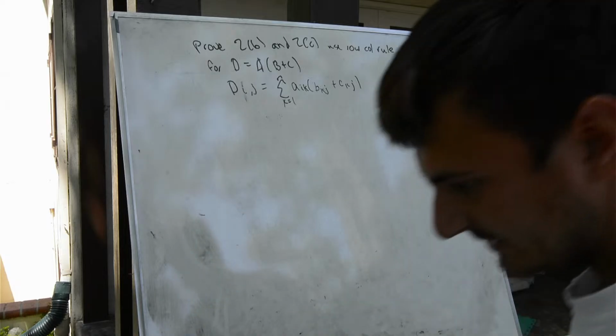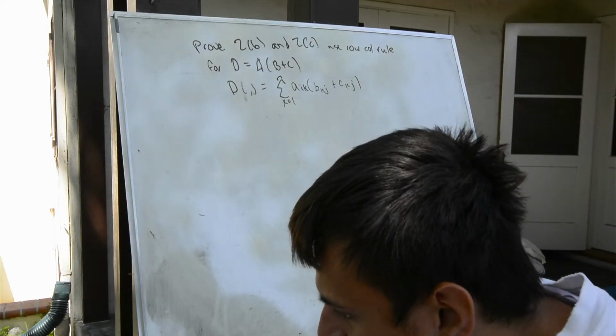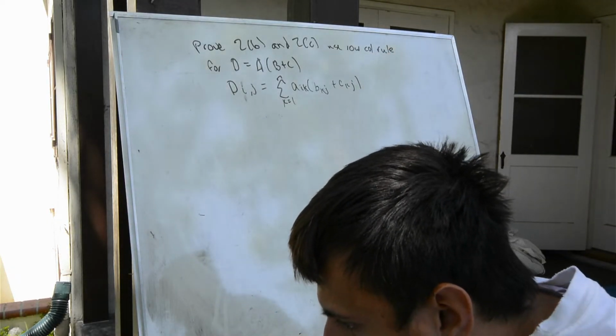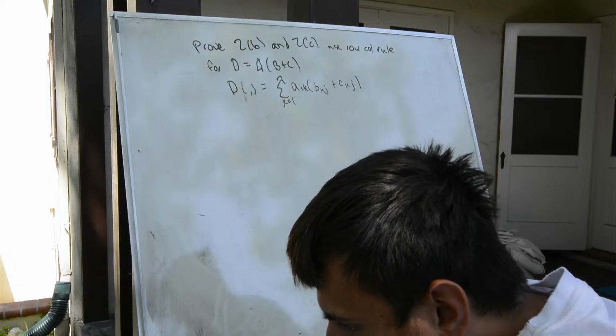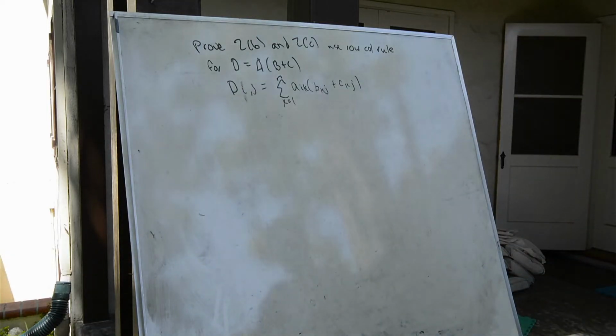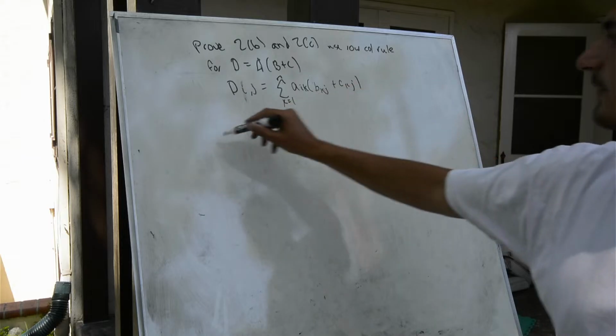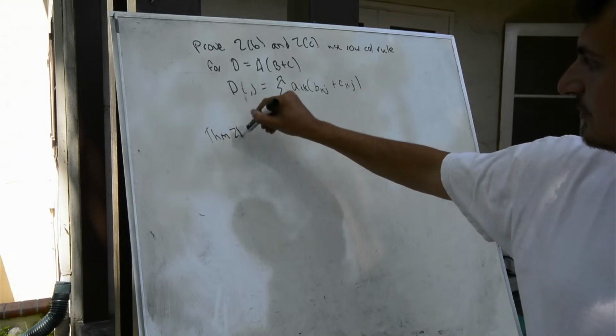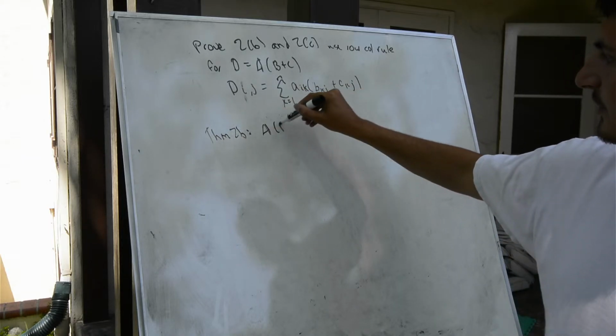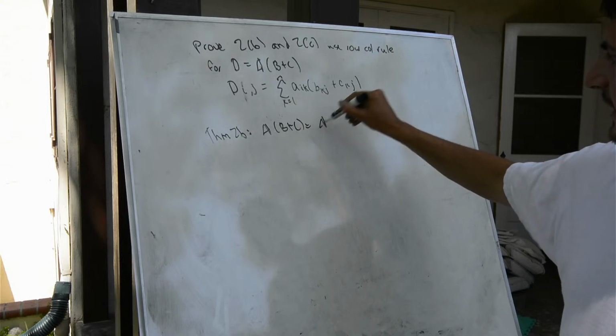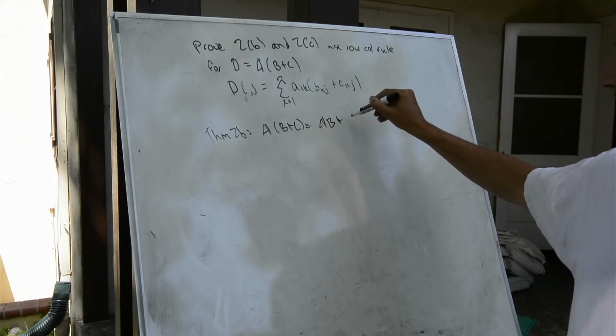So now, wait, let me get the statement of the theorem. Theorem 2b is that A(B plus C) is equal to AB plus AC.